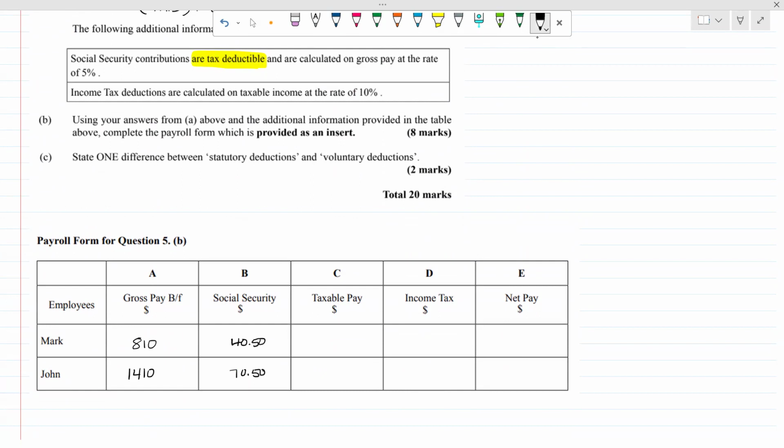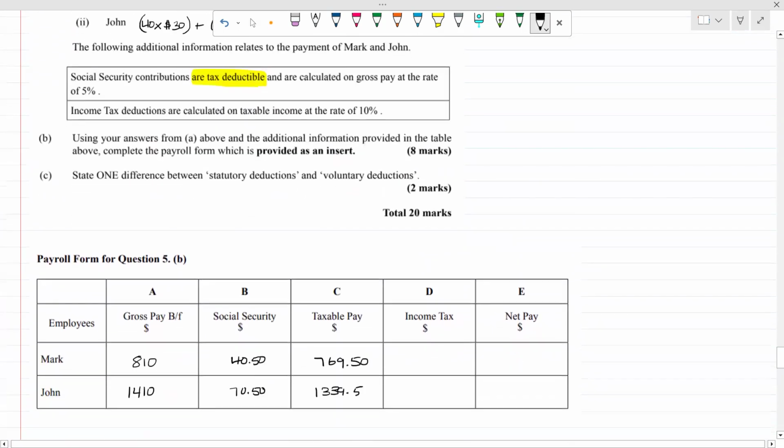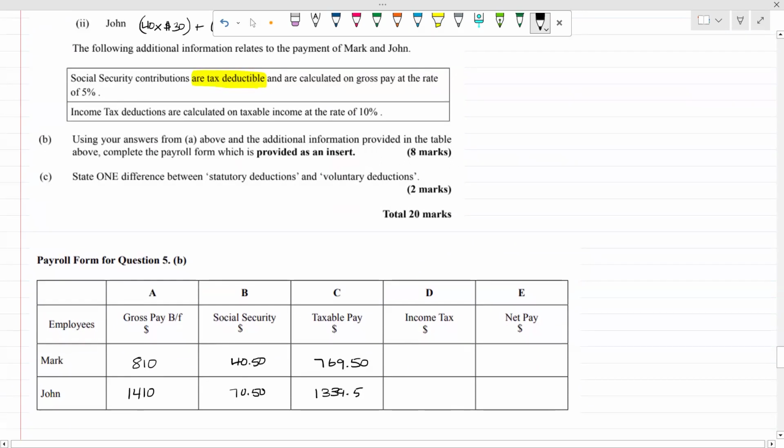So the taxable pay is 810 minus 40.5. That's 769.50. And for John, 1410 minus 70.5. That's 1339.5. And you're paying income tax at a rate of 10%.